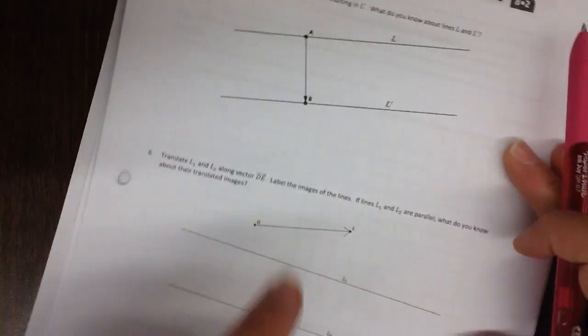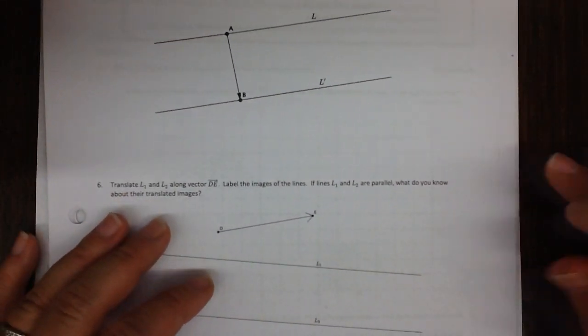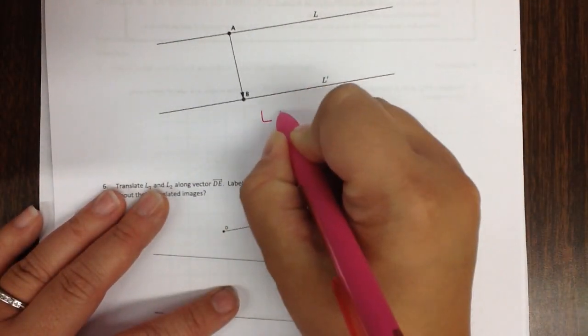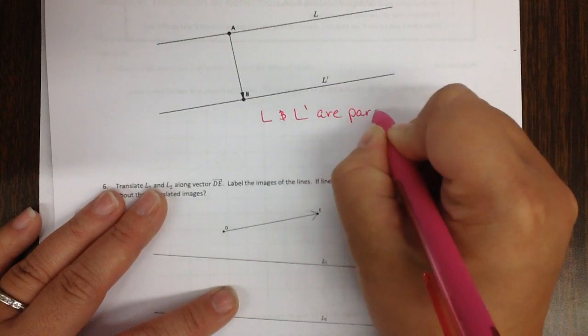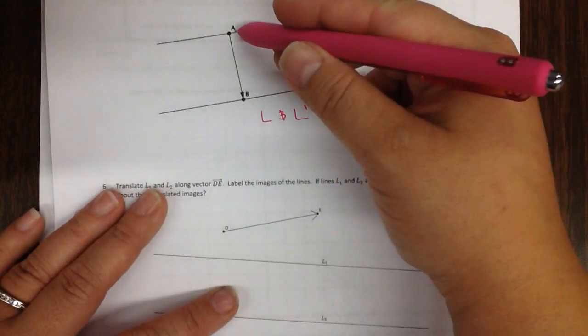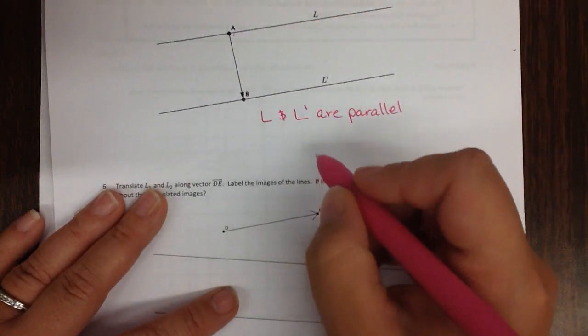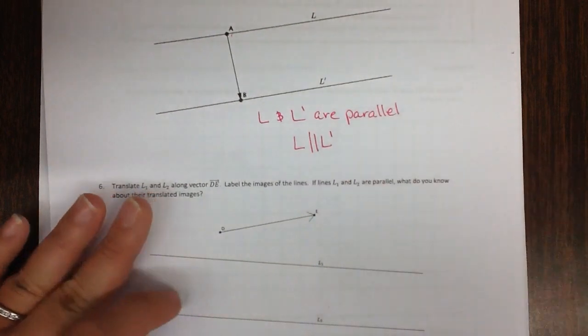So it's similar to this. What we know about L and L prime here is that they are parallel, because L was translated along vector AB. So L is parallel to L prime.